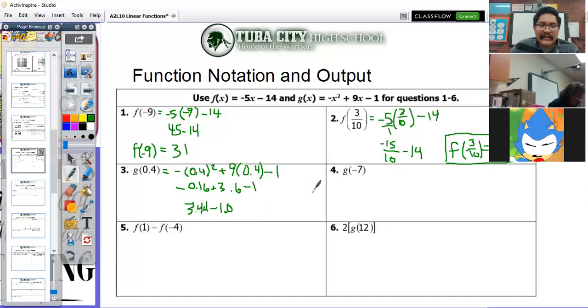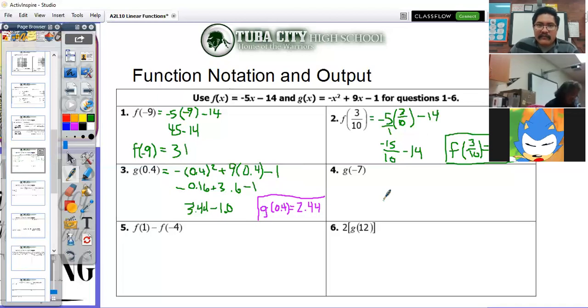They might put something like 3.43. But again, you have to make sure your decimal point lines up. Keep track of your place values. So G at 0.4 is equal to negative 4.76. And there you go. I'm going to box that up so that way we know it's the answer.